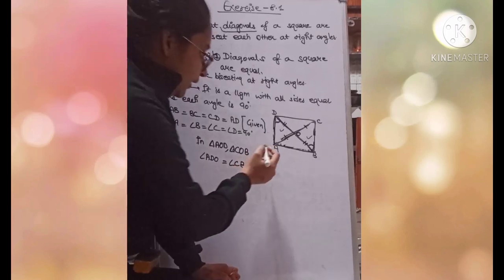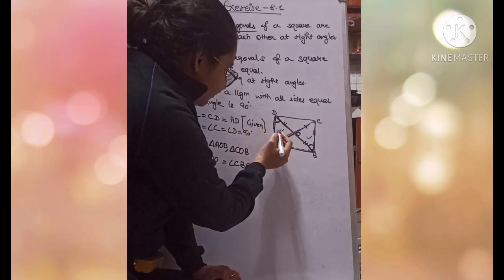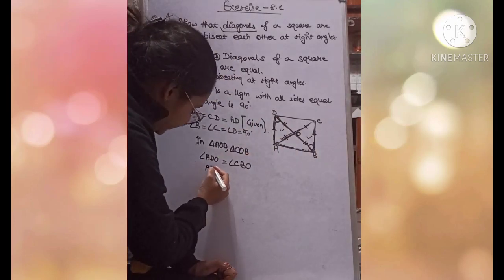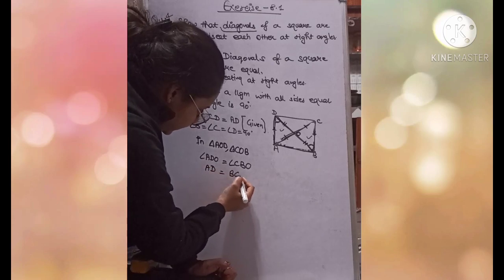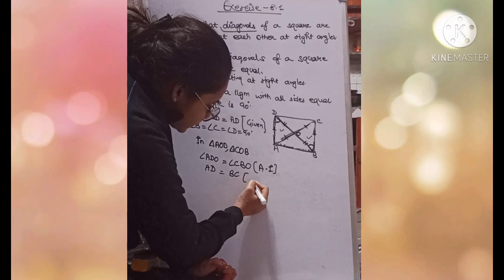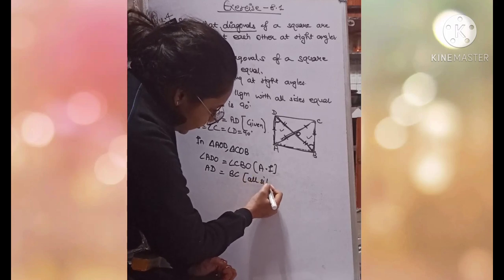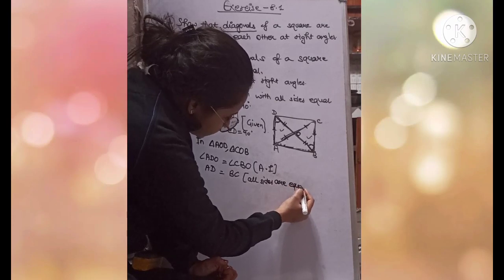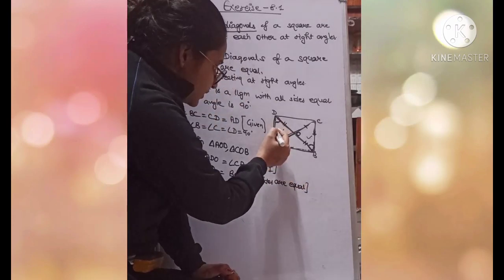Similarly, one angle is given, then AD is equal to BC. This is an alternate interior angle, this is all sides are equal, and the third condition is angle side.